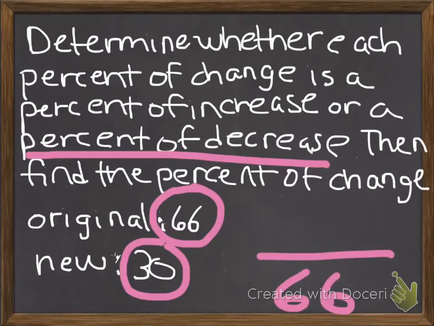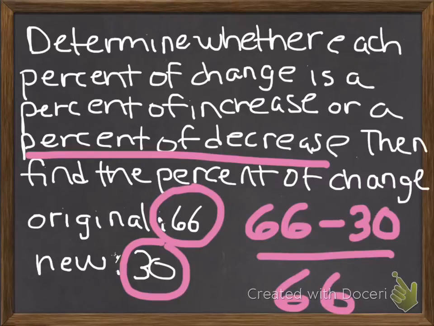The numerator for finding percent of change is always subtracting the two numbers. And you're never going to have a negative number here, so you always take whatever the higher number is subtracted by the lower number. So in this case, we have 66 minus 30. So that would be our setup for our ratio.